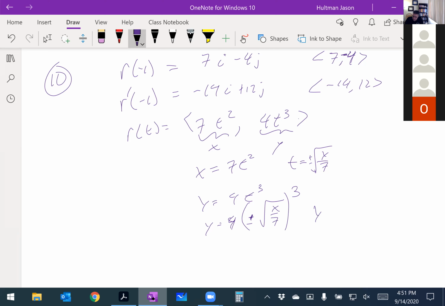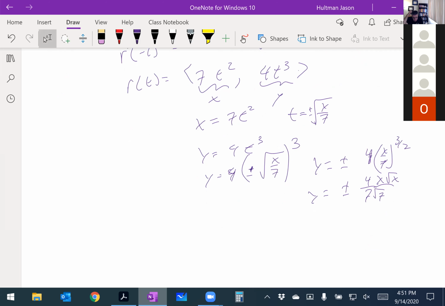So y equals plus or minus 4 times x over 7 to the 3/2 power, right? So this is going to be plus or minus 4 over 7, radical 7, times x radical x, is equal to y.